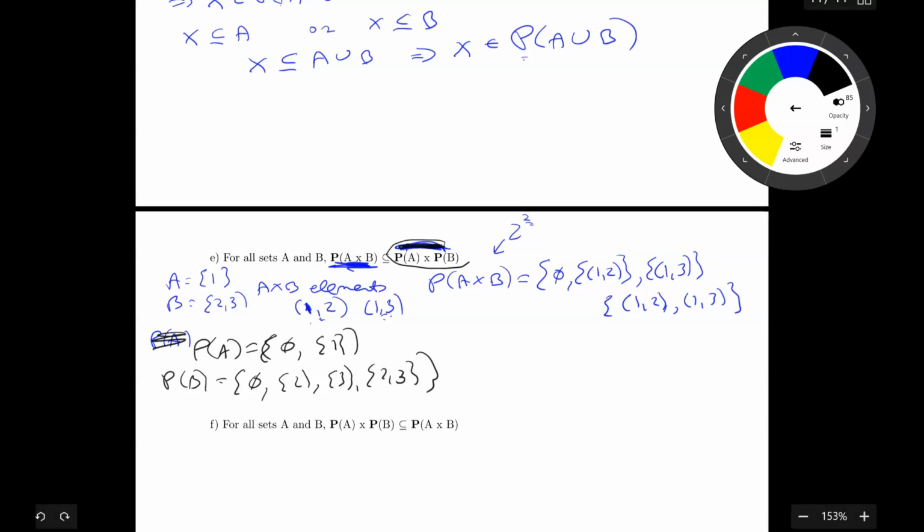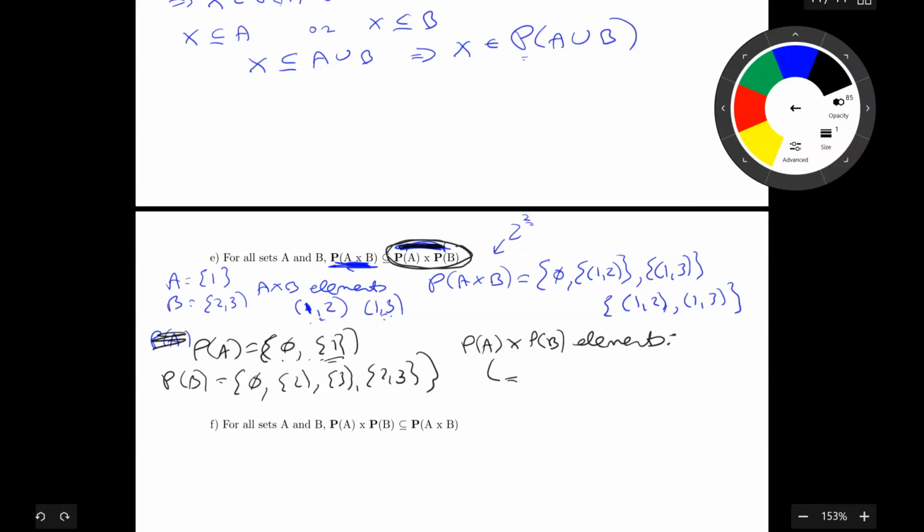So what does an element on the right-hand side look like? The power set of A cross the power set of B is going to be an ordered pair. So the elements would look like an ordered pair. The X will come from here, right?